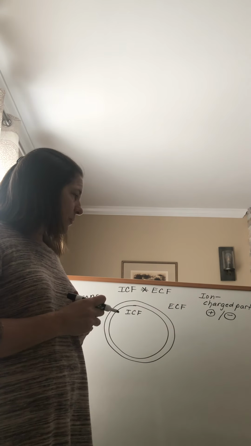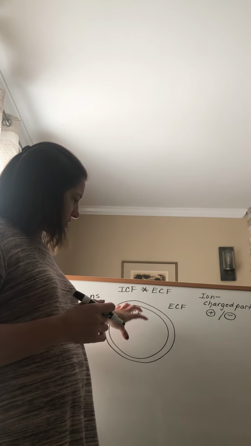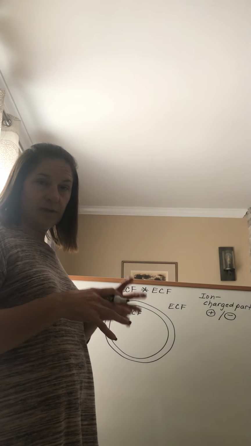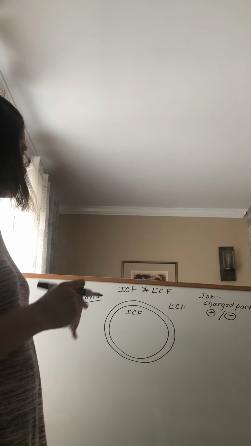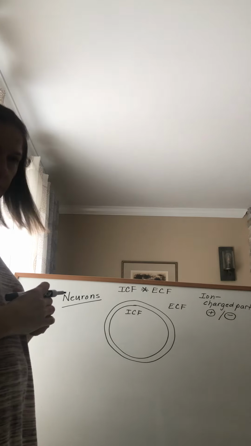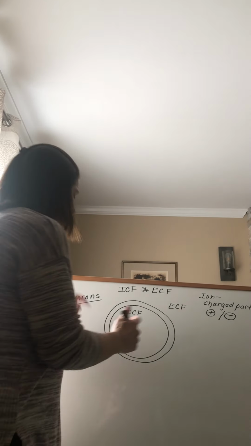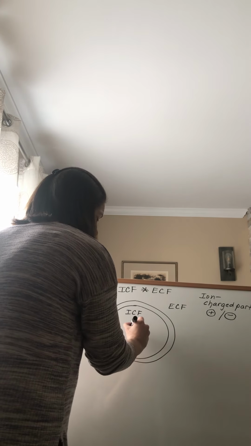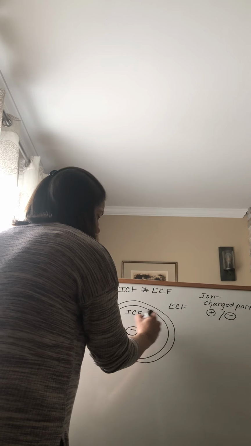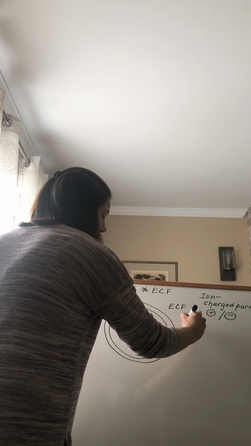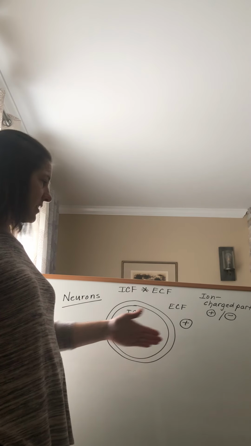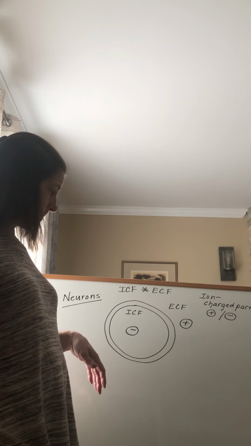When you put these charged particles in fluids, there's going to be a charge that's associated with these fluids. So, when we were talking about neurons, we said that the inside of the cell was at a negative charge comparable to the outside of the cell. So the inside of the cell was negative relative to the outside, okay?